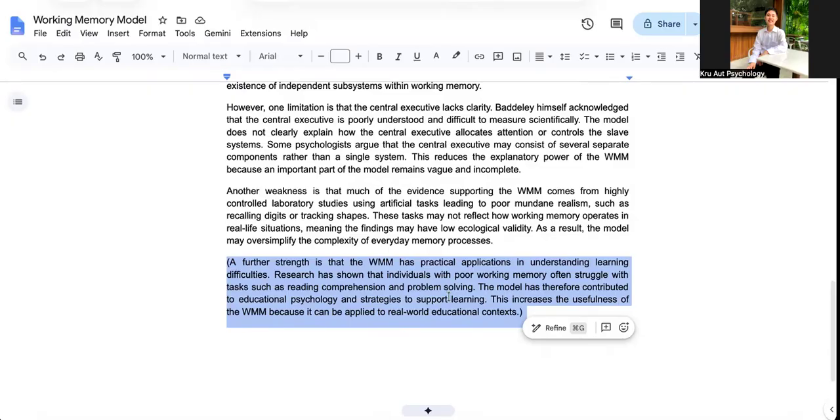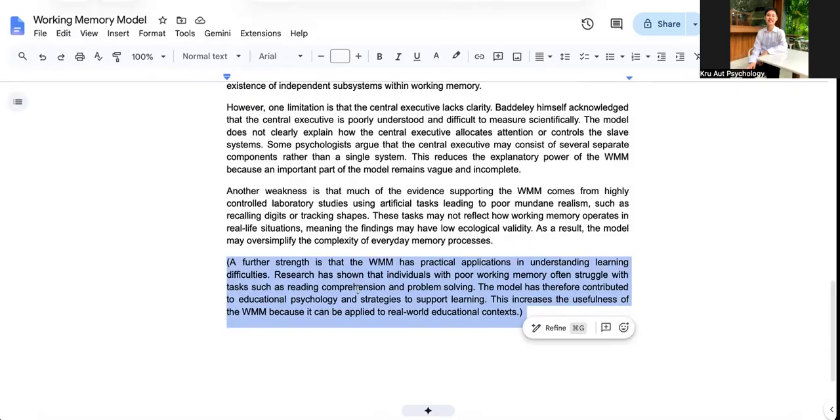Okay, so this increases the usefulness of the working memory model because it can be applied to real world educational contexts. Use the word real life, useful, practical, have an example, explain that example. I mean, this doesn't look too long. Is it too short? It sounds short, but it's not too short. It's just okay to use.